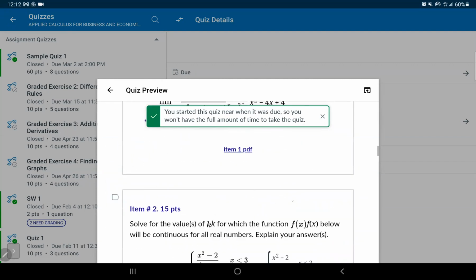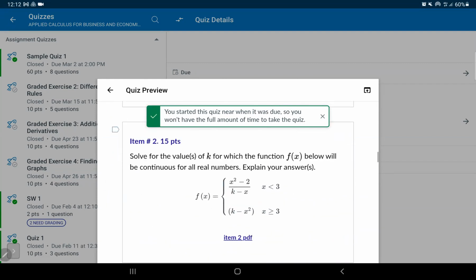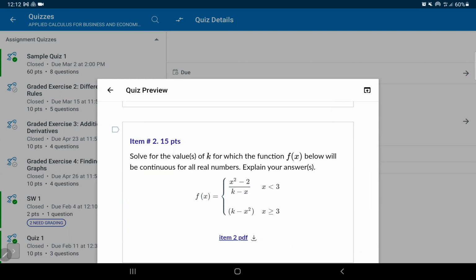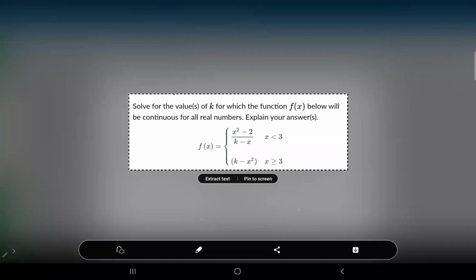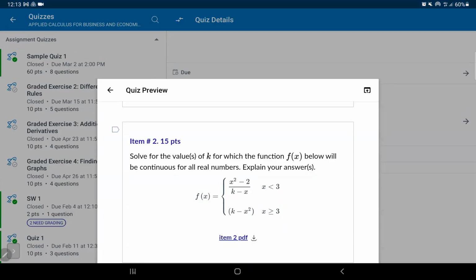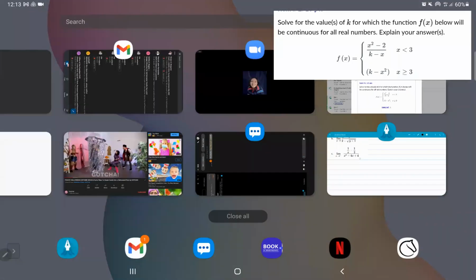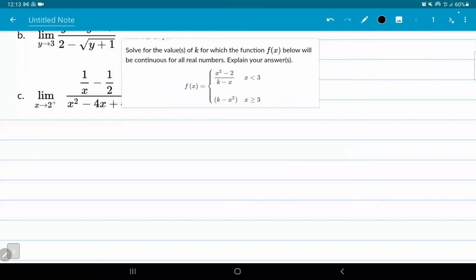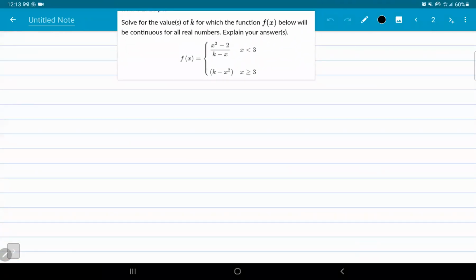Okay, item 2 is what I have here for this review. Okay.